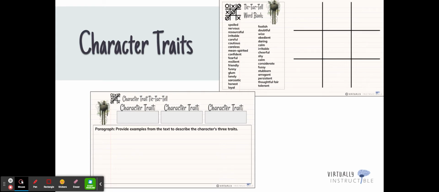Don't give them a word bank and let them just go straight to filling in the board, taking turns with a character trait, writing it on the board. And then they play the game and they write a paragraph where they discuss the 3 character traits, giving examples for how the character behaved, what they said, etc., that showed those traits in the text.